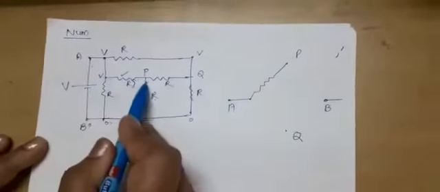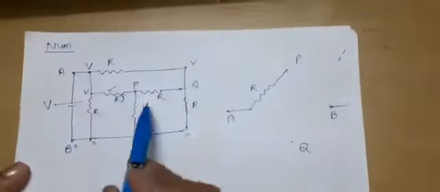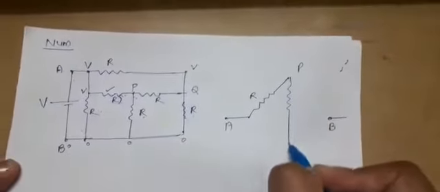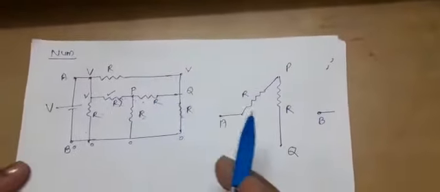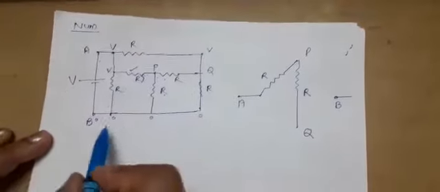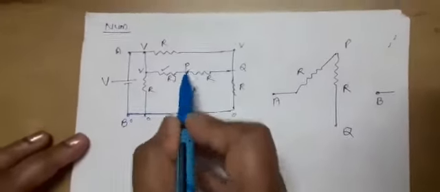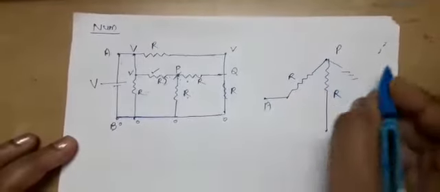Now, second, between P and Q, resistance R is again connected. Then you can see here between B and P, if you take terminal B and this terminal P, what is the resistance connected? R. So again you will connect it in this form.